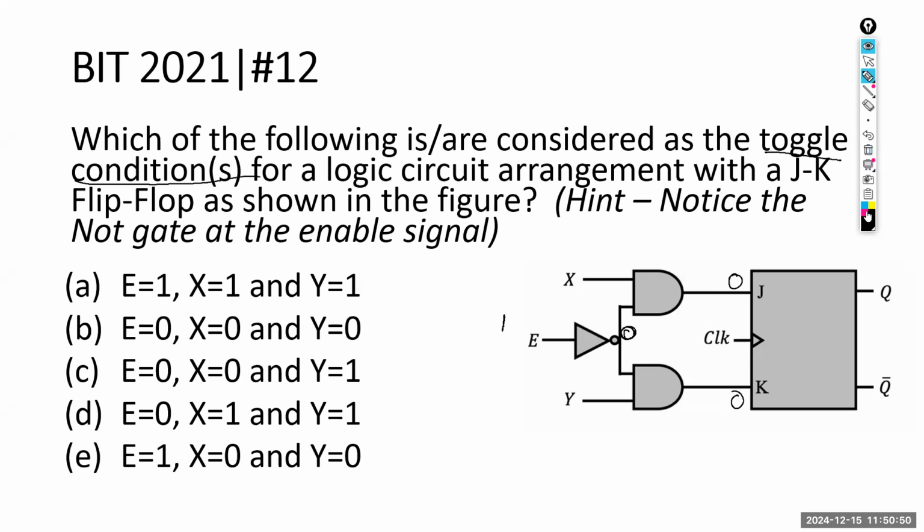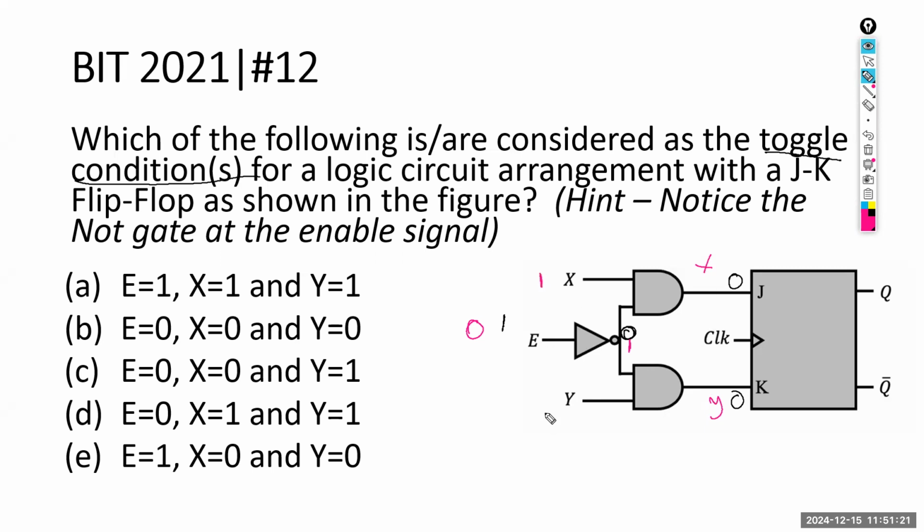So how do you get both are 1? Enable is 0 means this is 1. 1 dot something is the same thing. So that means when this is 0, this is x, because x dot 1 is x, y dot 1 is y. Now you want to make both 1. How to make both 1?